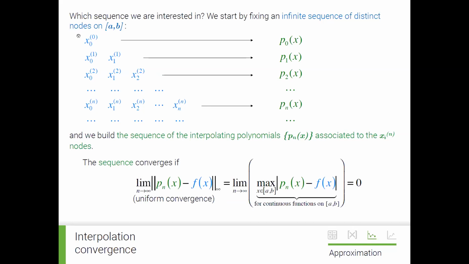So one more time, here we have sequences, 0, 1, 2, etc., n. We have corresponding nodes x_i also. After building this sequence, we will answer the question of when it will converge. It converges when it satisfies this condition, so the limit equals 0.